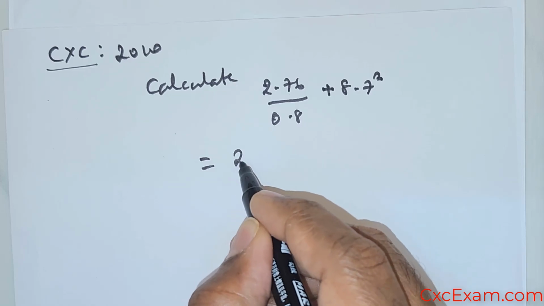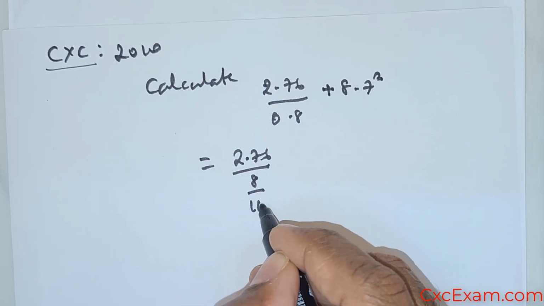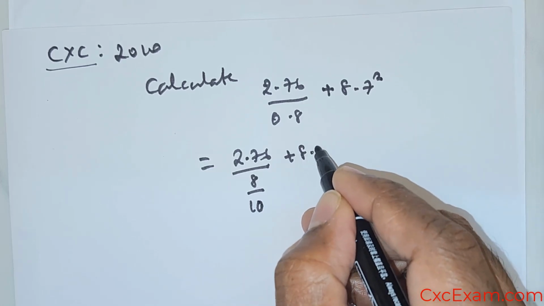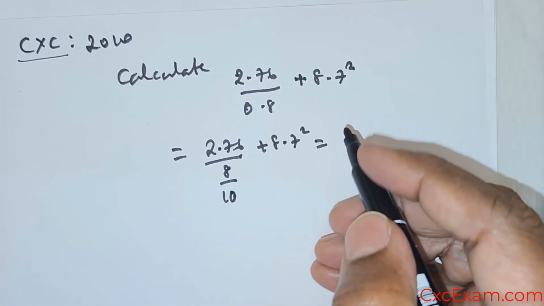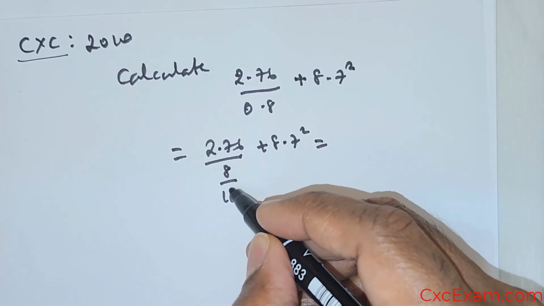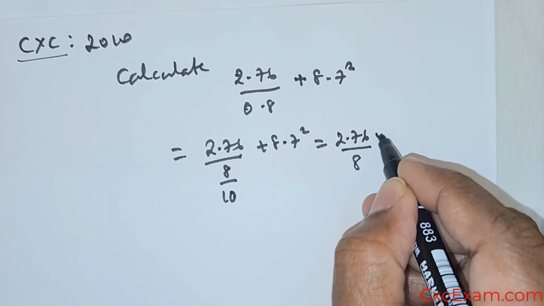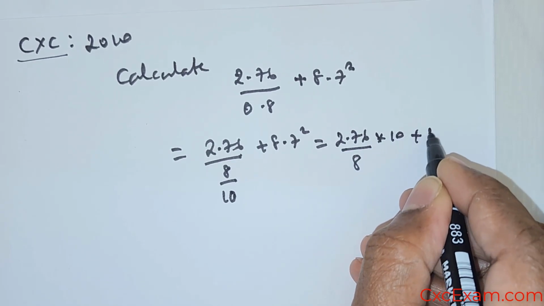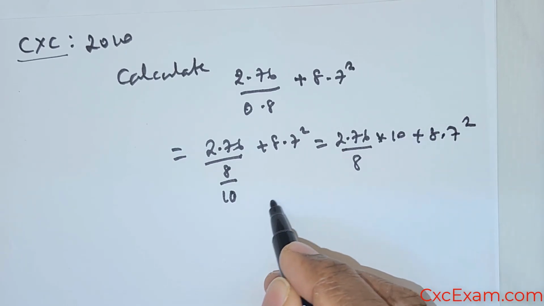Now what I would do is, I would rewrite 0.8 as 8 over 10, followed by 8.7 whole squared, or raised to the power of 2. And then if I were to flip this, it is going to be 2.76 multiplied by 10 divided by 8, plus 8.7 raised to the power of 2.